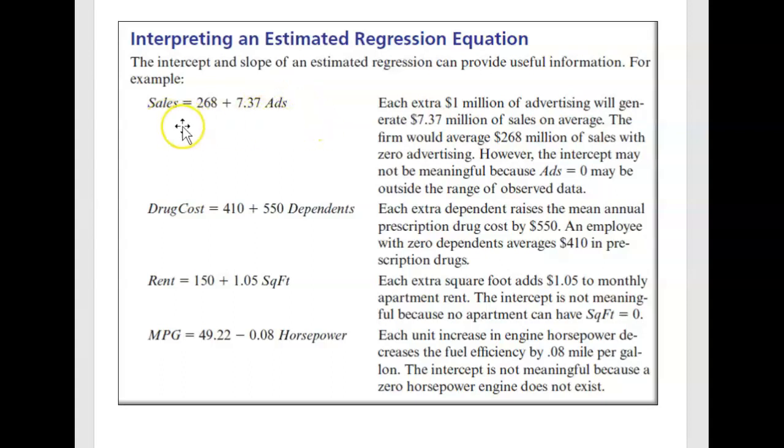This is the outcome of a regression model, and the interpretation of this regression equation is that each additional 1 unit of advertising will lead to an increase in sales of 7.37. And here's another one. The rent of a building is related positively to square footage of the building. So it says that each additional square foot adds $1.05 to the rent.